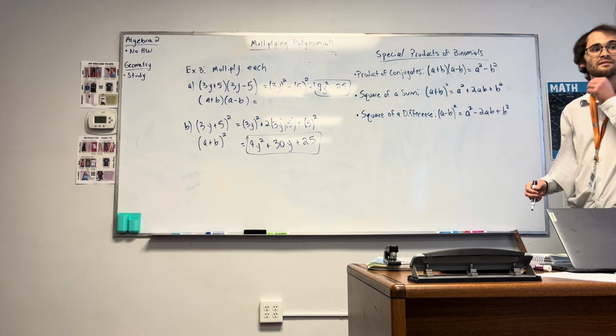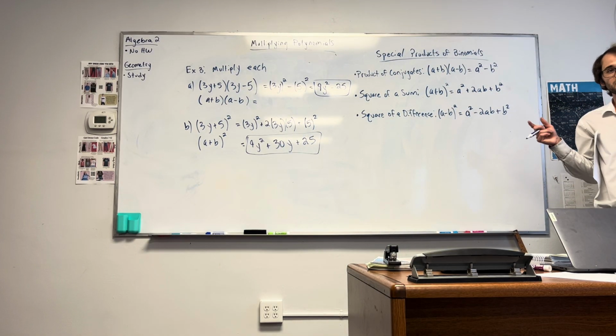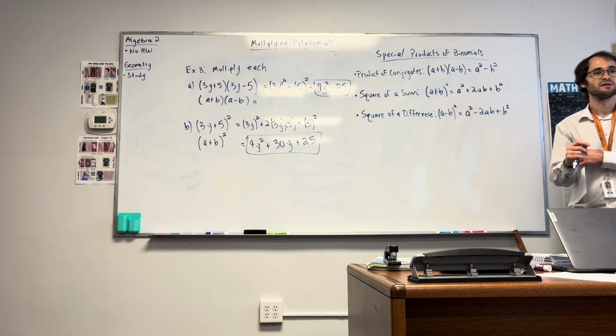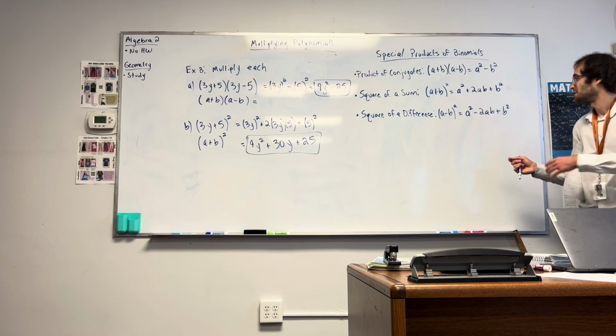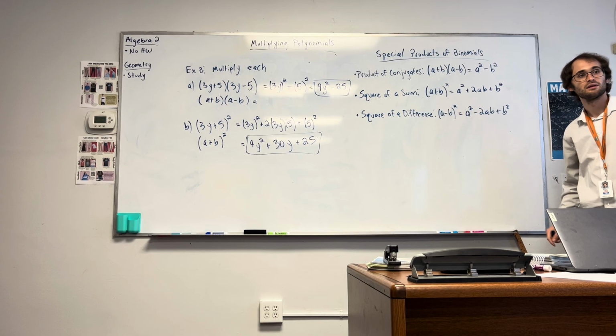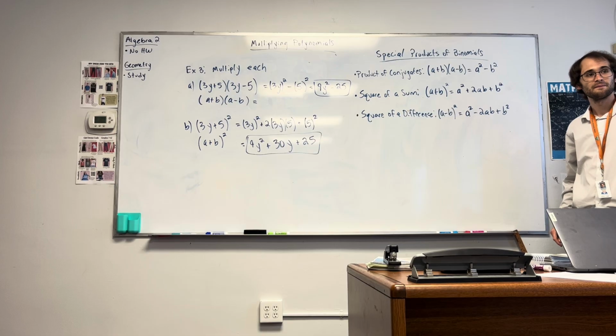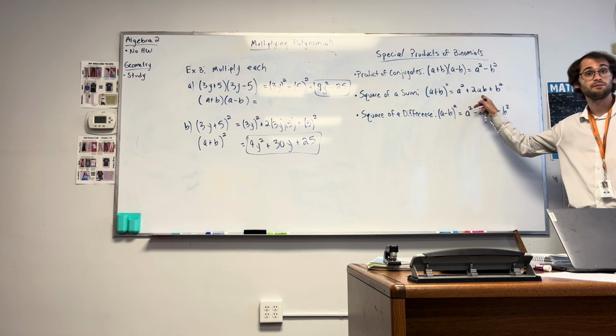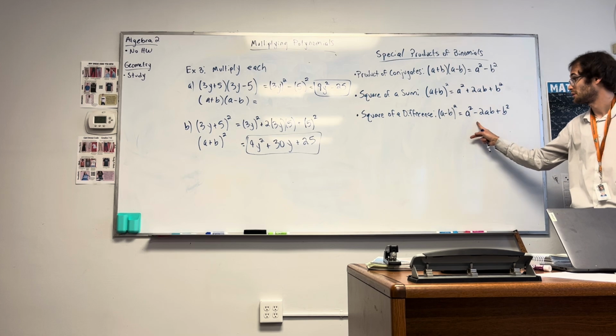All right, the last one, y'all, goes really, really quick. Tell me, Noah, what's the only thing that's different between these two formulas? The plus 2ab. Exactly. I've got a plus 2ab here and a minus 2ab here.